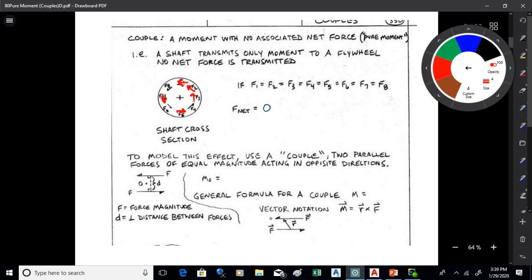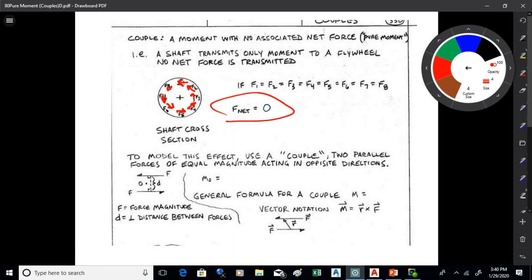And I've got this one and another one that does the exact opposite on the other side. So I've shown, I think, 8 forces here, but you could have 8 million or 8 billion or however many, but they're all equal and opposite on either side of the center of the valve stem. So there's lots of little forces in there, but they all cancel out. So the net force is 0. And what you end up with is just a pure twist. Okay?